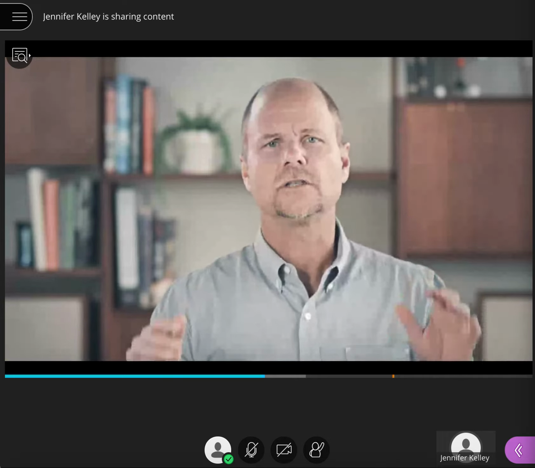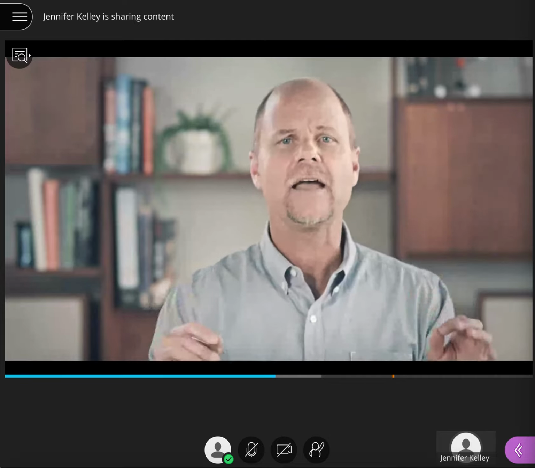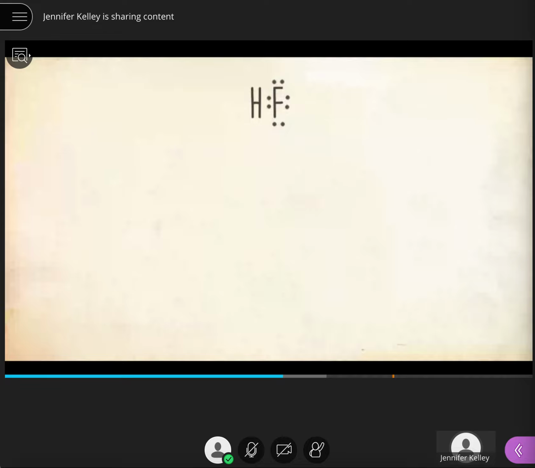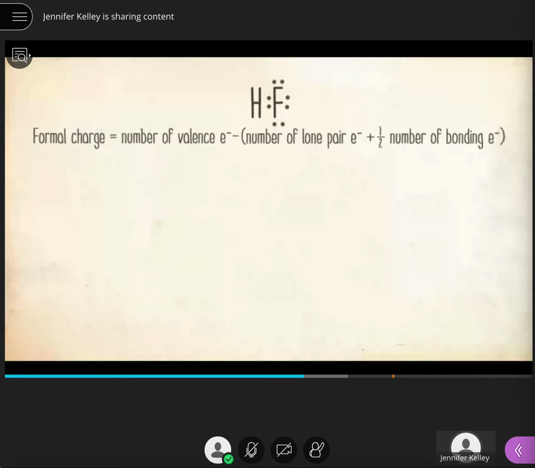The formal charge on an atom in a Lewis structure is the difference between the number of valence electrons of the atom and the number of electrons it owns in the Lewis structure. An atom in a Lewis structure owns all of its lone pair electrons and 1/2 of its bonding electrons. You can calculate formal charge with this equation. Formal charge equals the number of valence electrons minus the sum of the number of lone pair electrons and 1/2 the number of bonding electrons.